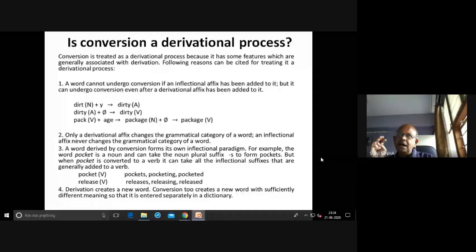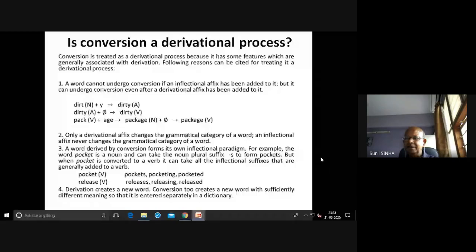S, ing, ed, right? So look here, pockets. He always pockets my money. He's pocketing his money, or he has pocketed his money. So pocket is a verb because it can take the verb inflectional suffix.